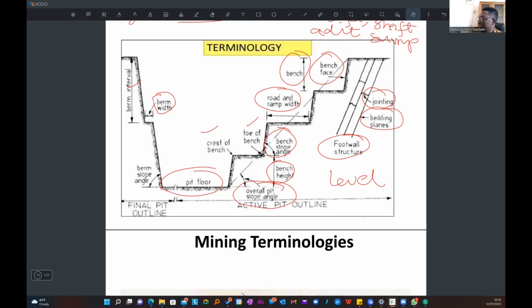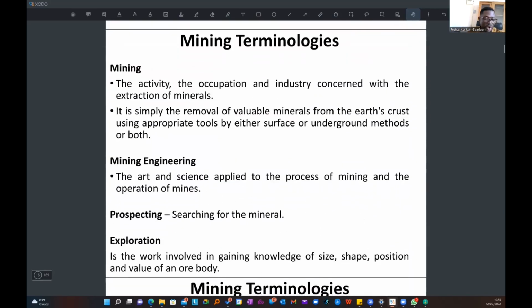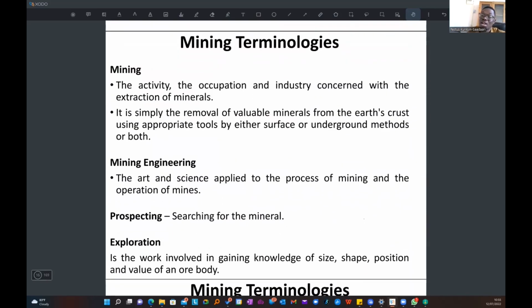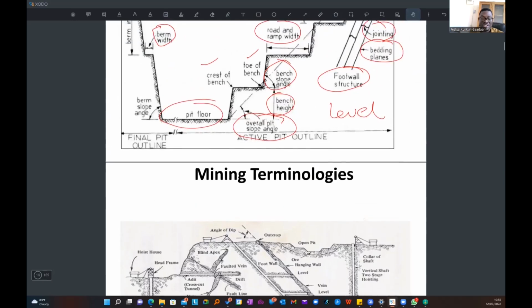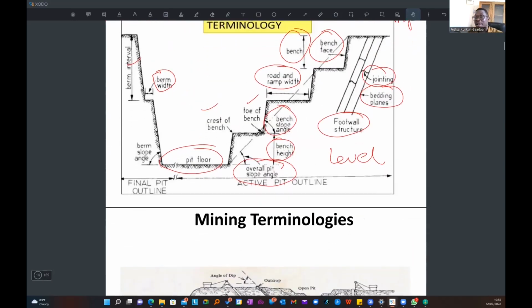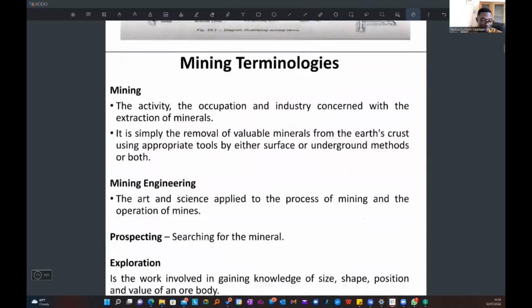That is what we are going to do now. With the terms here, we are no longer going to specify whether the term is surface or underground. We are assuming all are mining terms. But based on the diagram you have seen, you will tell that this term is frequently used in surface or it's usually used in underground.